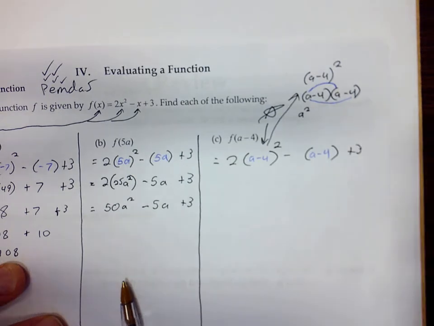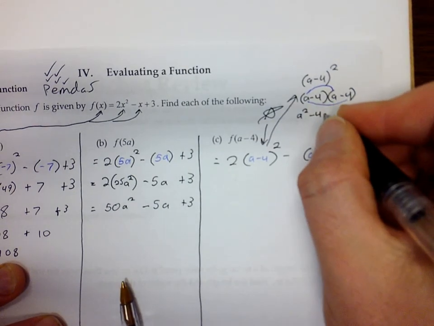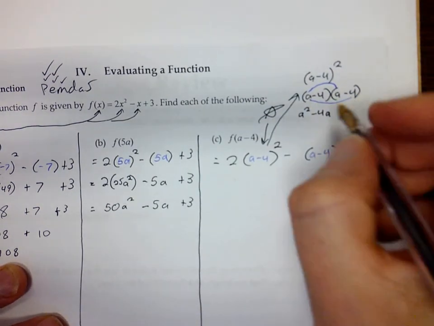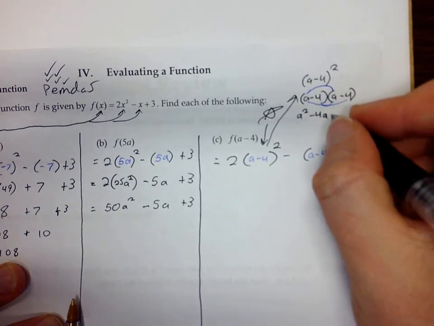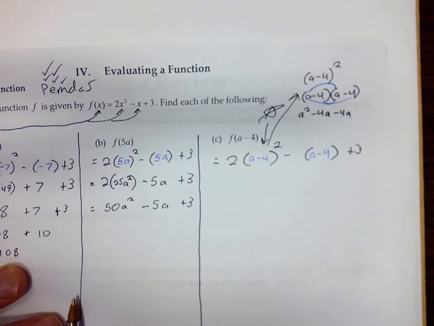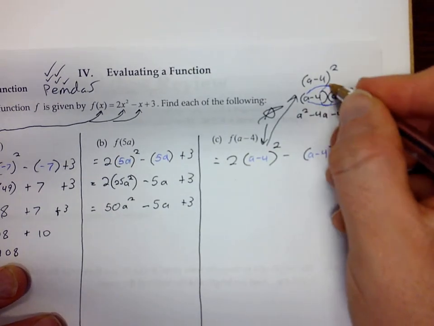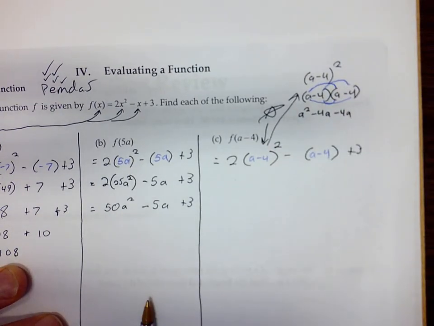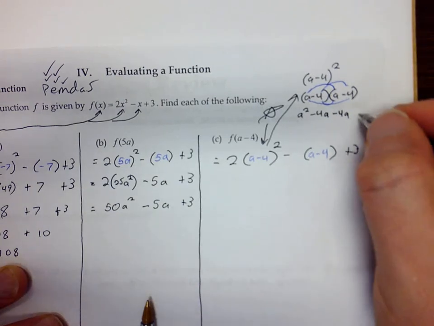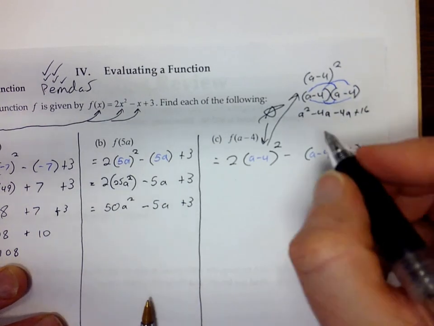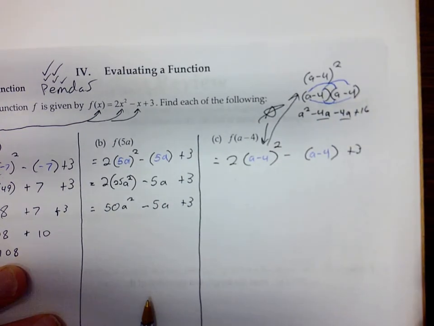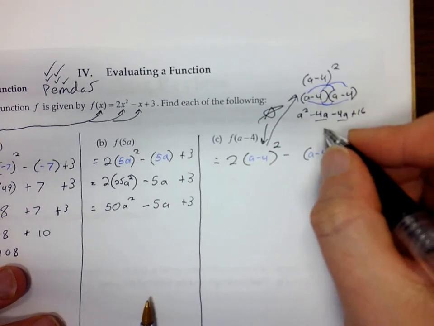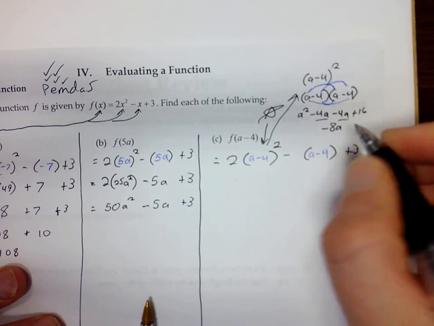A times negative 4 is negative 4a. I want to multiply my inside terms together, so minus 4a. And then finally I want to multiply my last two. So negative 4 times negative 4 is a positive 16. And I can simplify that slightly because I've got two like terms there. I've got a negative 4a and another negative 4a. Together that makes negative 8a.